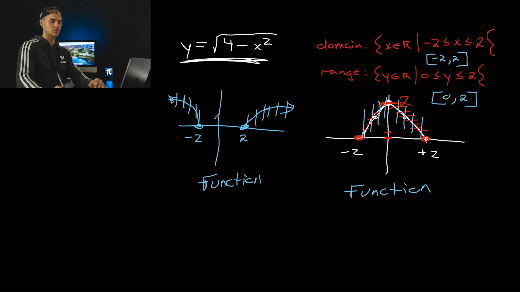That was the y equals the square root of x squared minus 4. All right, so both of them are functions indeed, but notice that the domain and the range are totally different. Even how they look is totally different as well, but the process is similar.